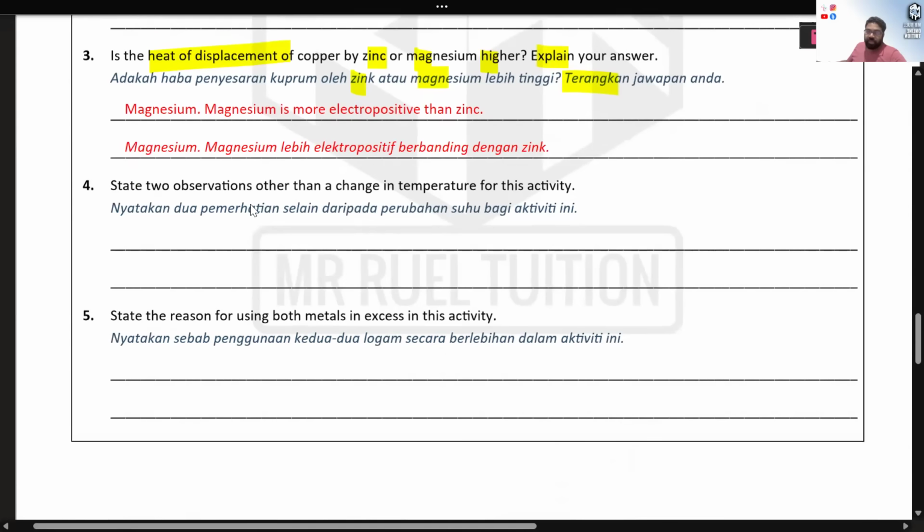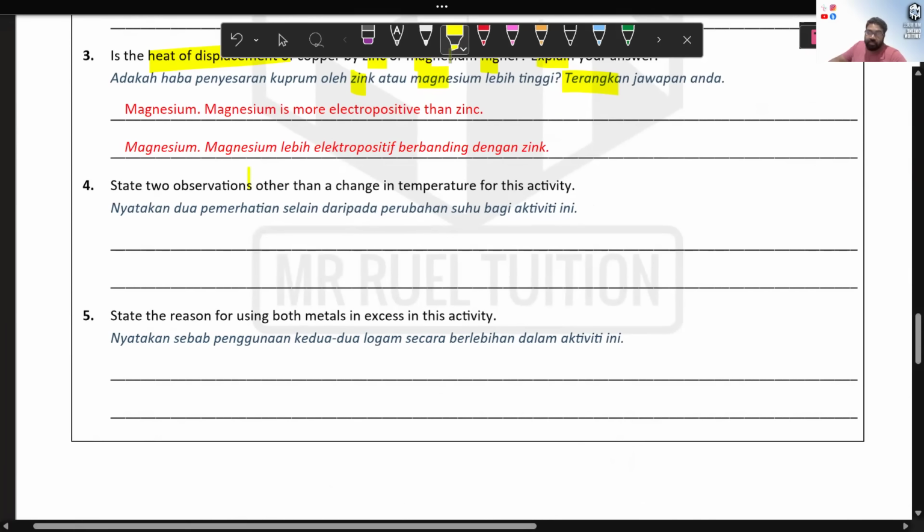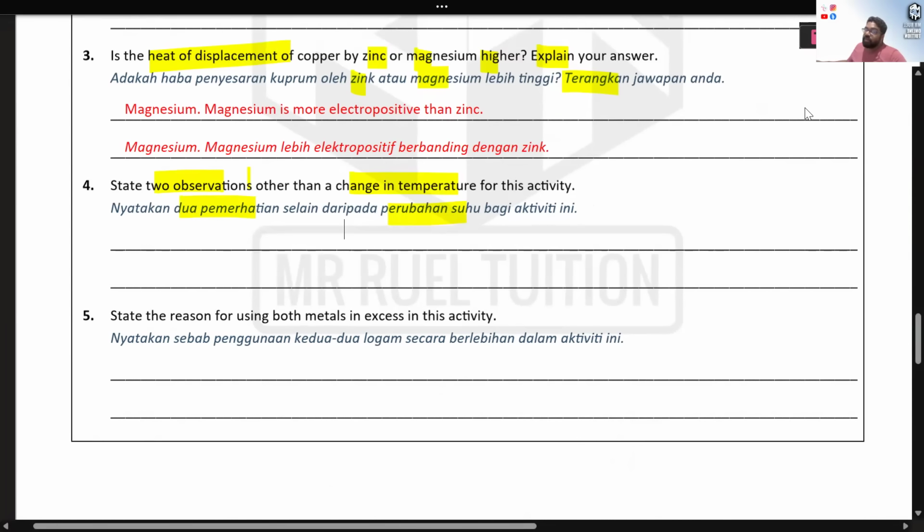All right. Now, state 2 observations other than change in temperature. Why don't you pause and try? All right.